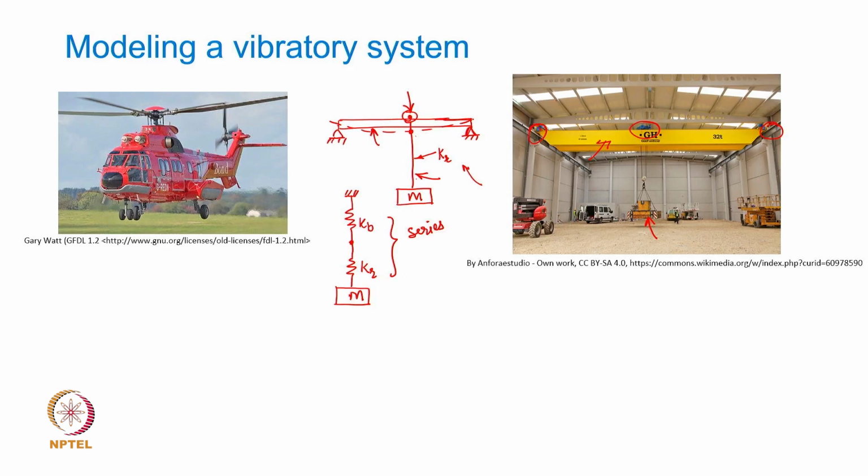These two springs will now be in series, and kindly refer to all your earlier discussion on springs in series and effective spring stiffness. So, if I model this as a simple spring mass system, the effective stiffness of this entire system is going to be clubbing these two springs in series, and that is possible by writing the expression for effective stiffness: 1 over Kb plus 1 over Kr is equal to 1 over Ke.